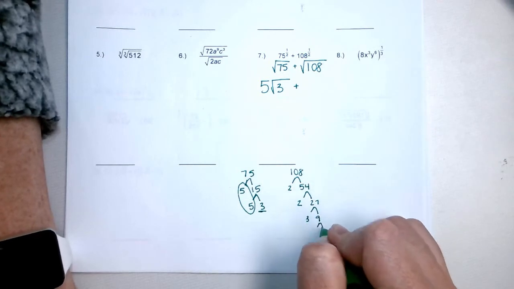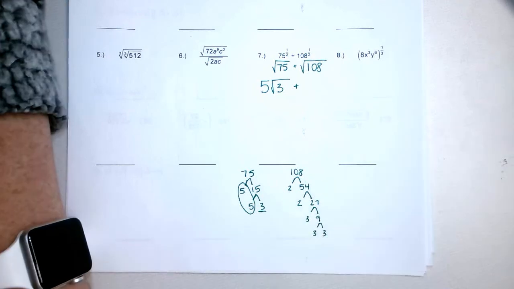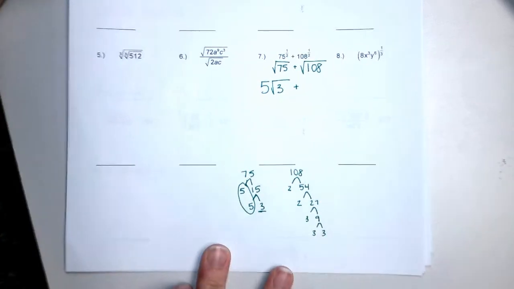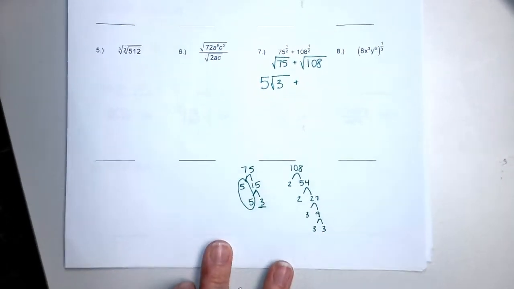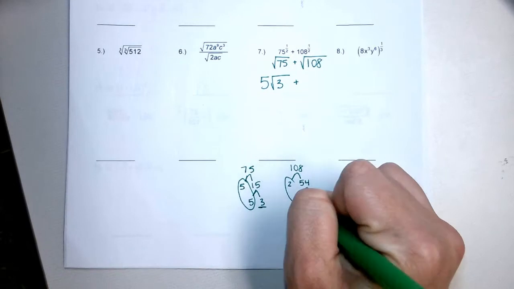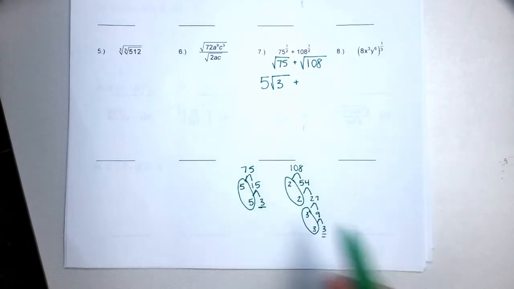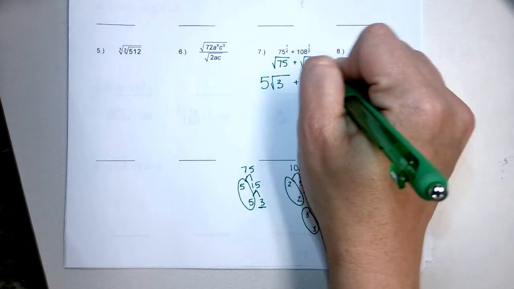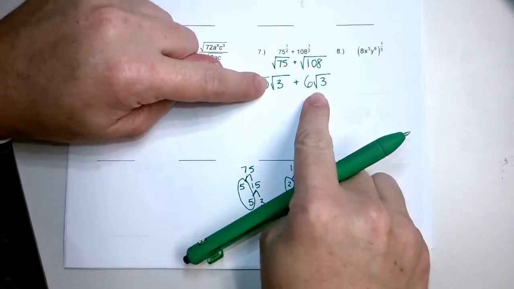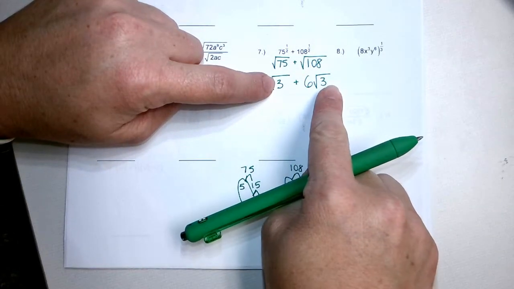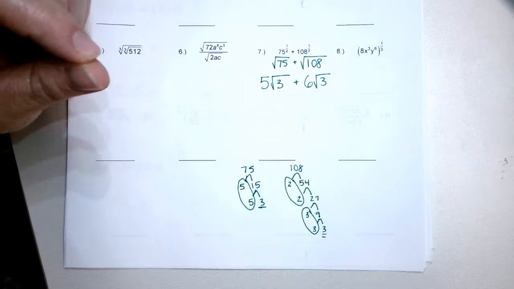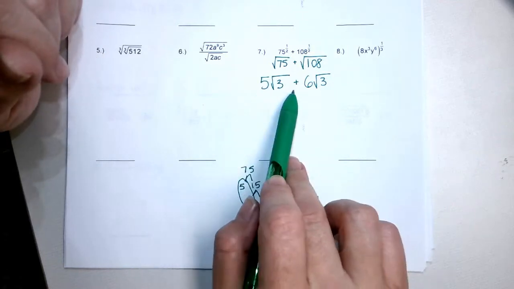And then 3 and 3. So remember, because this is square root, I'm looking for pairs. Here's a pair of 2's that gets to come out, and a pair of 3's, and a leftover 3. Well, what's 2 times 3? Now, do they both have a square root with a 3 on the inside? Therefore, now we can combine them. So what is 5 square root of 3 plus 6 square root of 3?